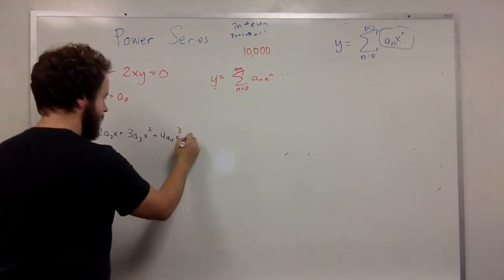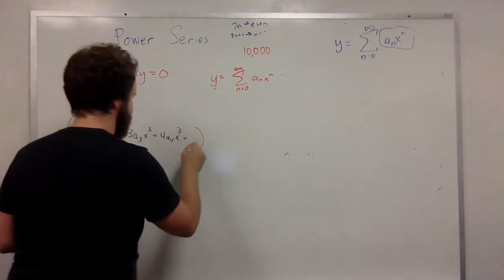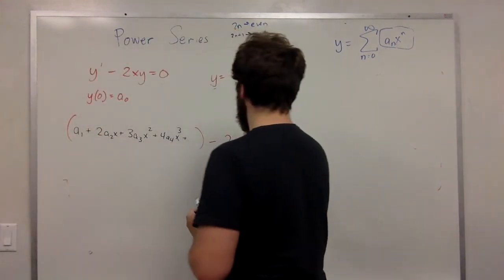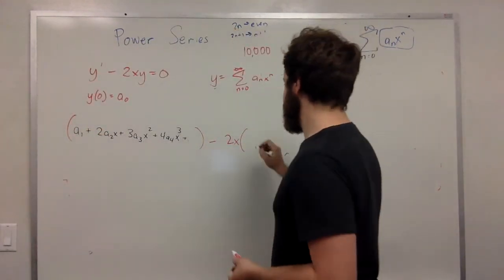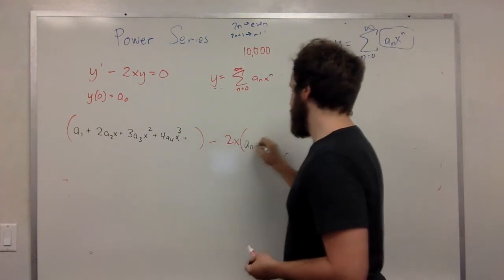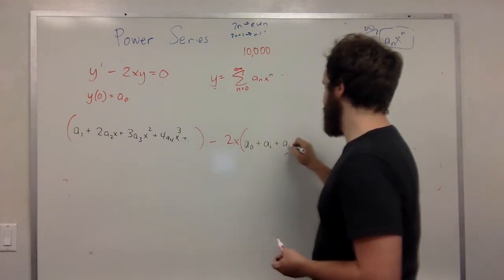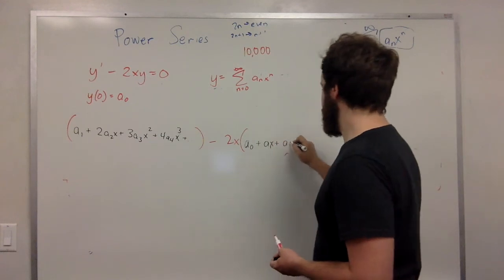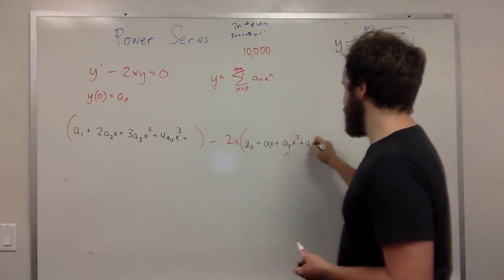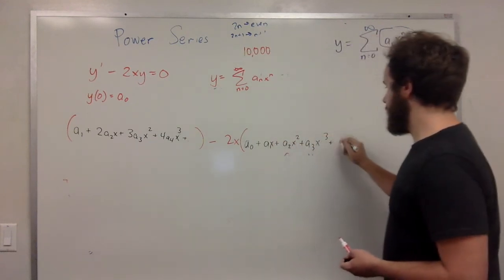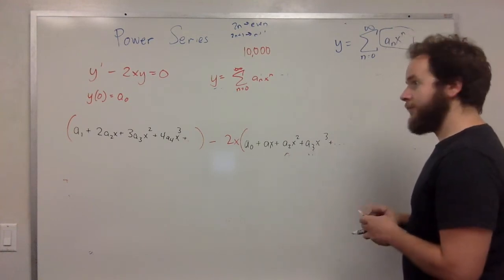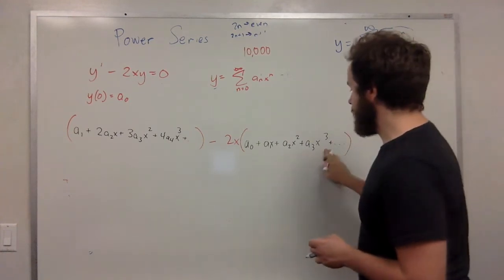Minus 2x times a0 plus a1x plus a2x squared plus a3x cubed plus and so on. This is where we're probably going to have to find a pattern.